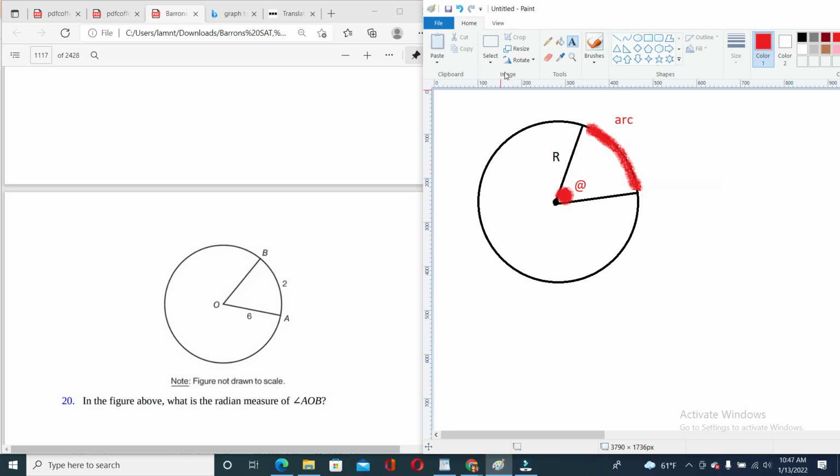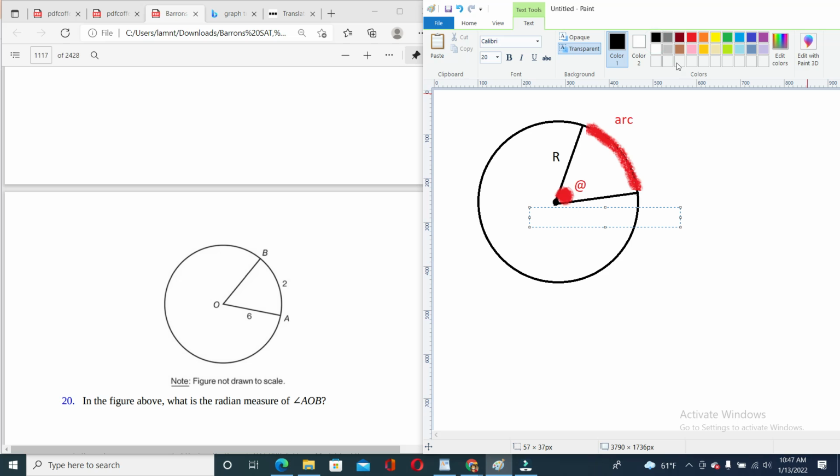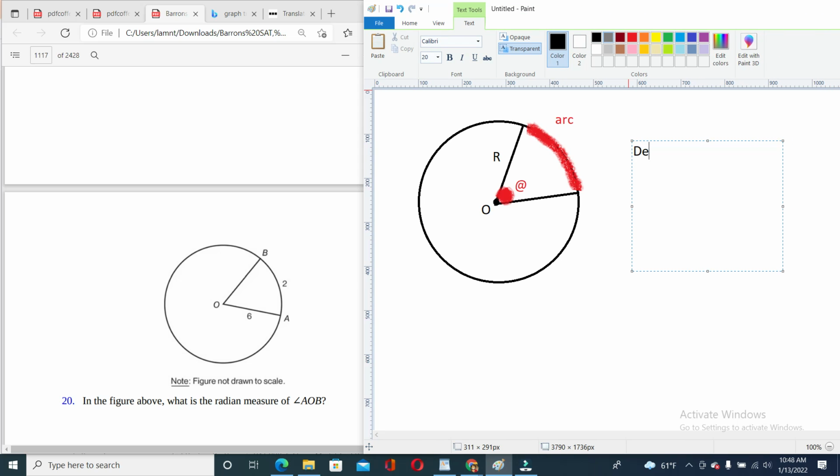So this is center O. Not a theorem, but a definition of a radian. So if the arc equals R, then alpha is gonna be equal to 1 radian. That's the definition of a radian.